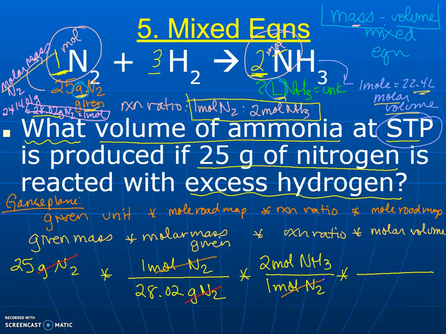Moles of N2 and moles of N2 cancel out. And then lastly, I need to use the molar volume, which is 1 mole equals 22.4 liters. 1 mole of NH3 goes on the bottom, so moles cancel out, and 22.4 liters of NH3 go up top. Moles and moles cancel out.